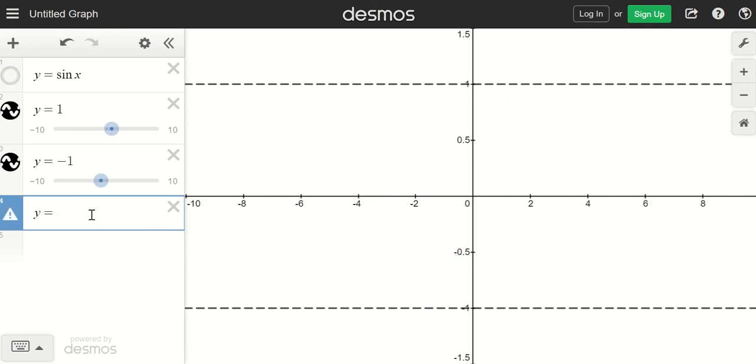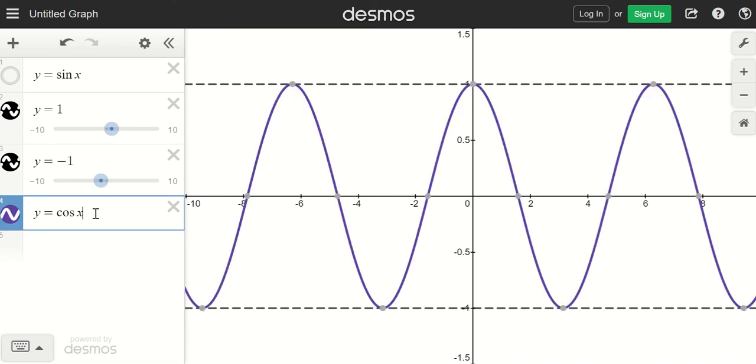So y is equals to cos x. Alright, so this is graph for cos x. So we can see that the graph is oscillating and the maximum or the greatest value that the graph will hit is 1. Okay, up here is 1, and the minimum value that this graph hits is -1.